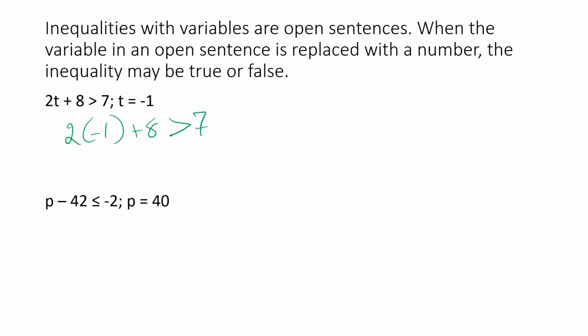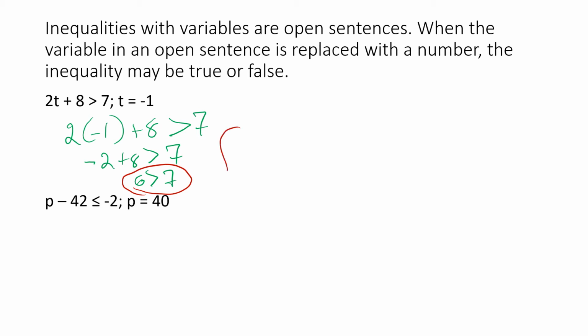Okay, so let's do our multiplication. 2 times -1 gives us -2 plus 8 greater than 7. And -2 plus 8 is 6 greater than 7. So is this a true statement or a false statement? Is 6 greater than 7? And of course the answer, it is not.